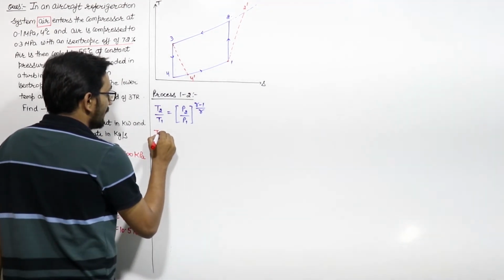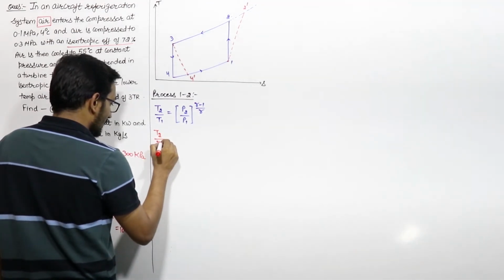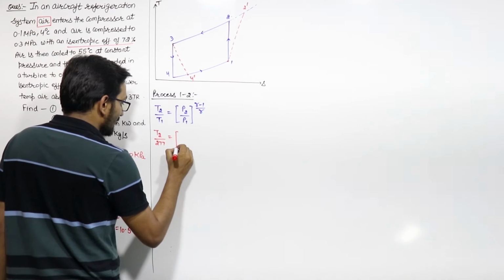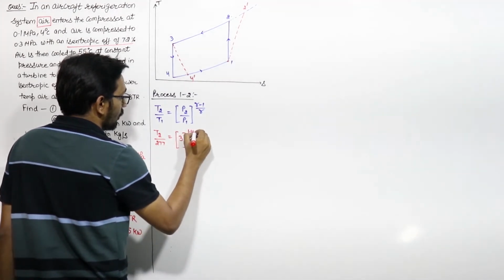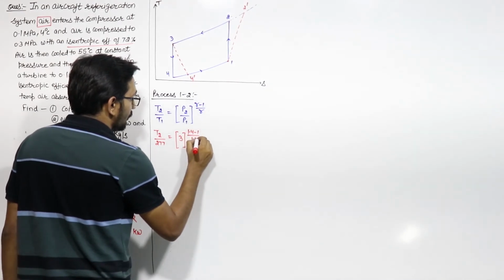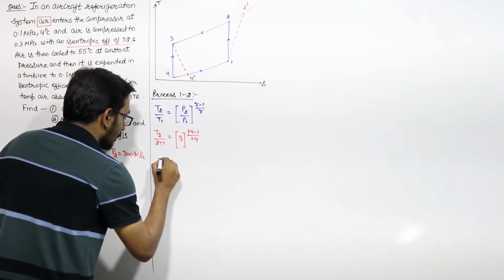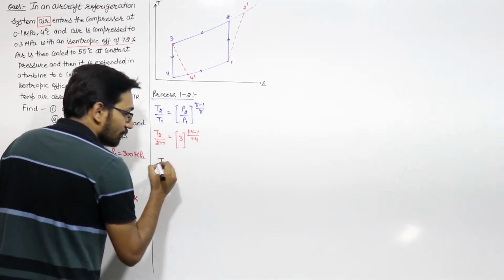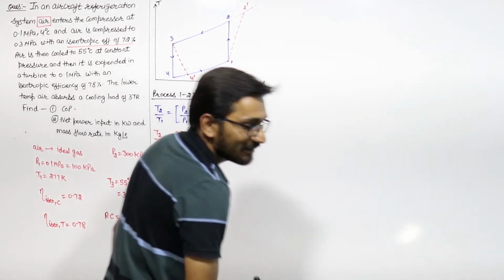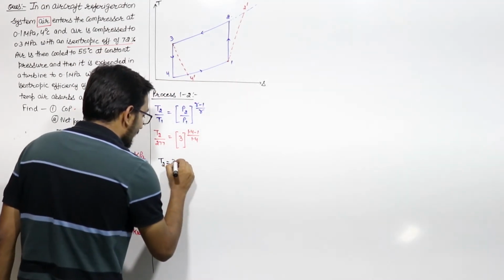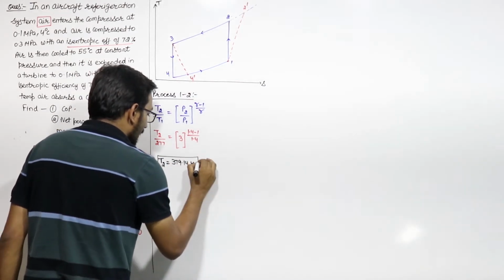T2 we have to find. T1 is given as 277. P2 by P1 is 300 by 100, 3. So from here you will get T2, which is 379.14 Kelvin.